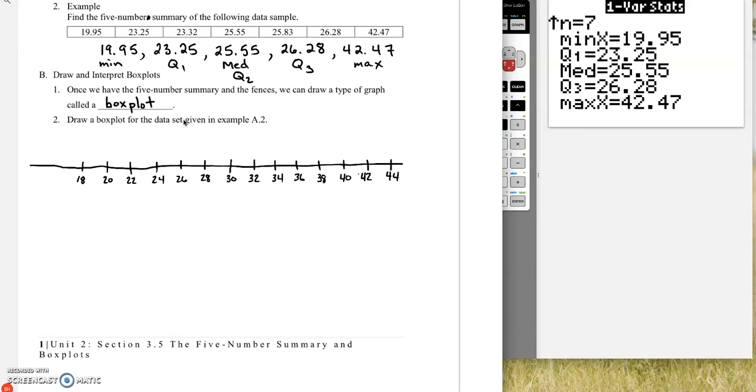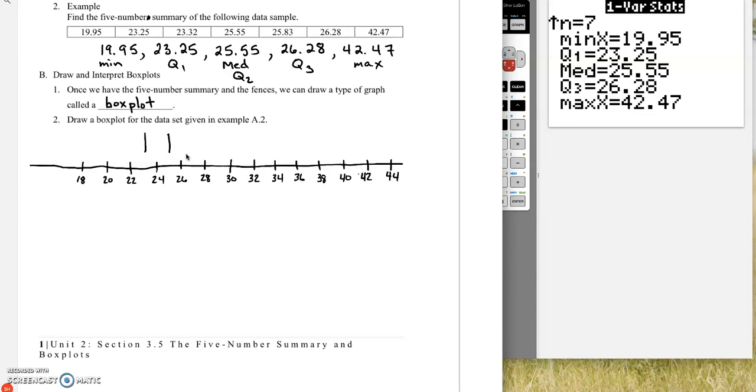So we start by putting our Q1, Q2, and Q3 on the graph. So 23.25 is a little over halfway between 23 and 24. The median is at 25.5, so it's about right here.